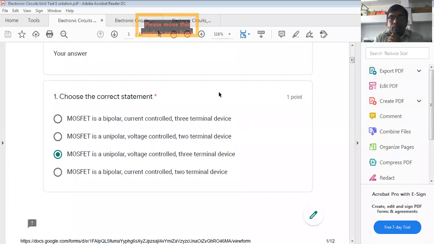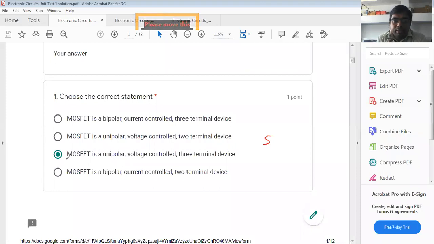So we know that the MOSFET is basically a unipolar device.